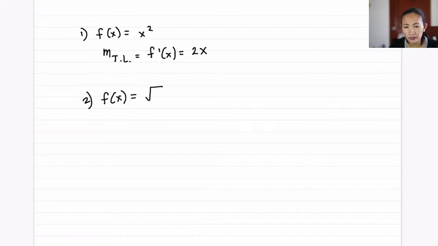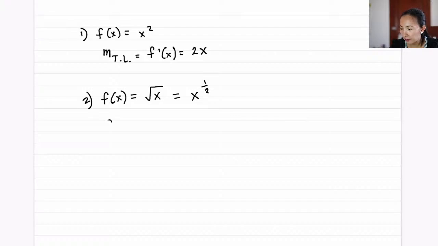Is there another way of writing square root of x using exponentials? This is the same as x raised to what power? Square root of x is the same as x raised to what exponent? Okay, 1/2.